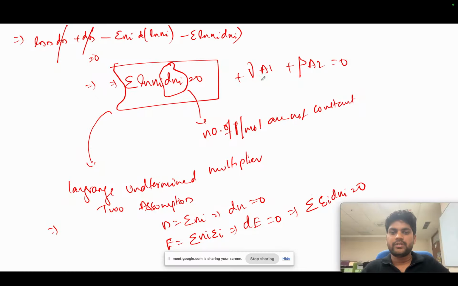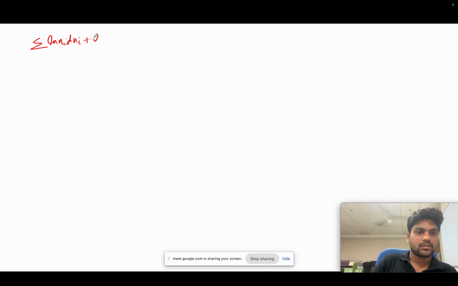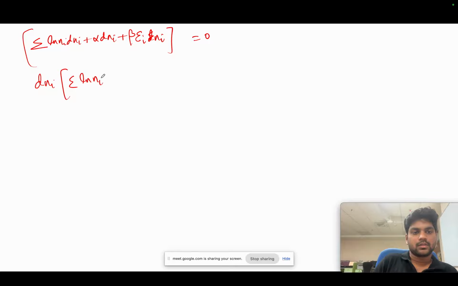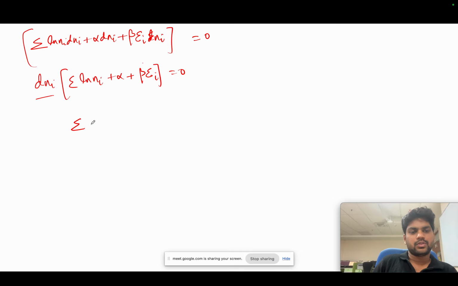We take these two assumptions and keep them with alpha and beta, then we get the equation like this: alpha dni plus beta ei dni. Now if I take dni common, we already said that dni is not equal to 0, so the bracket will be equal to 0.